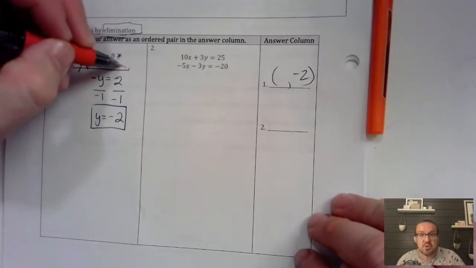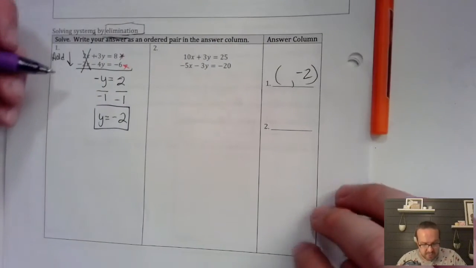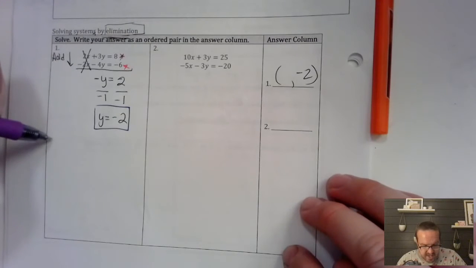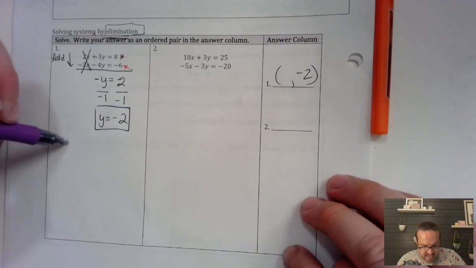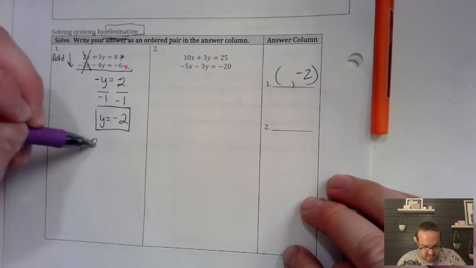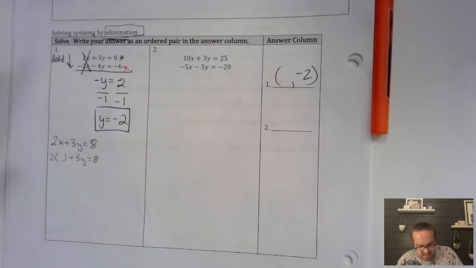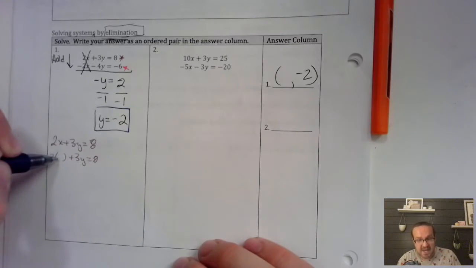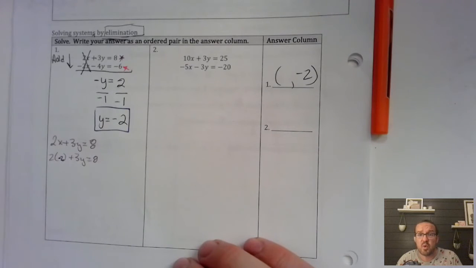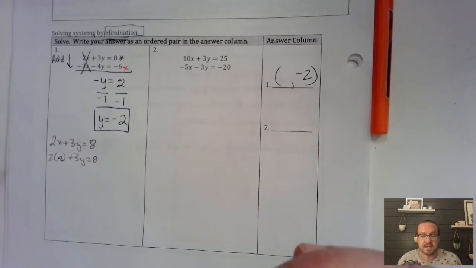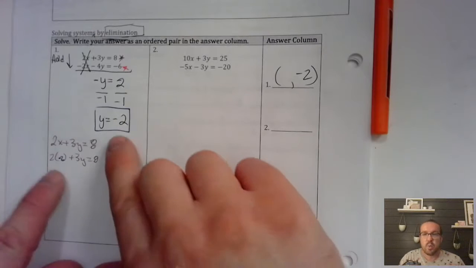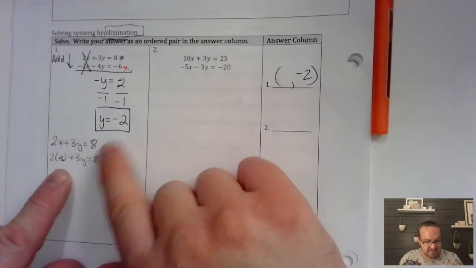I'm going to use the purple, 2x plus 3y equals 8. Again, x was negative 2. And I could just go about and solve for, look what I did. It's y equals negative 2, but I put it in for the x.